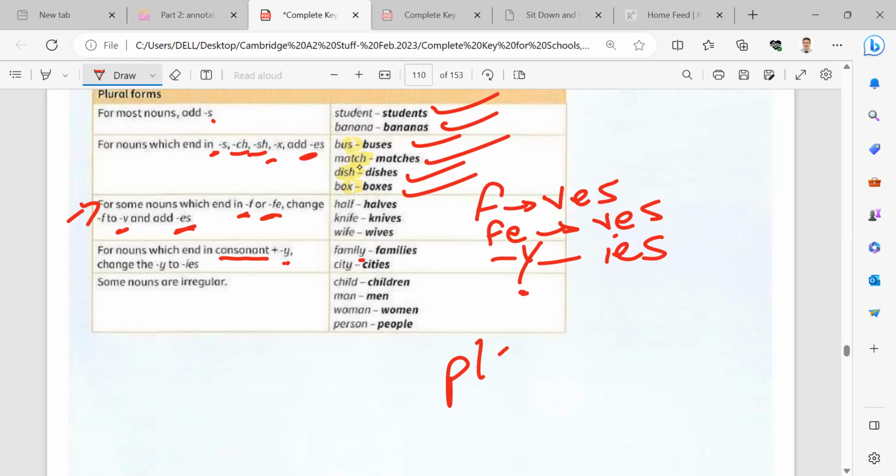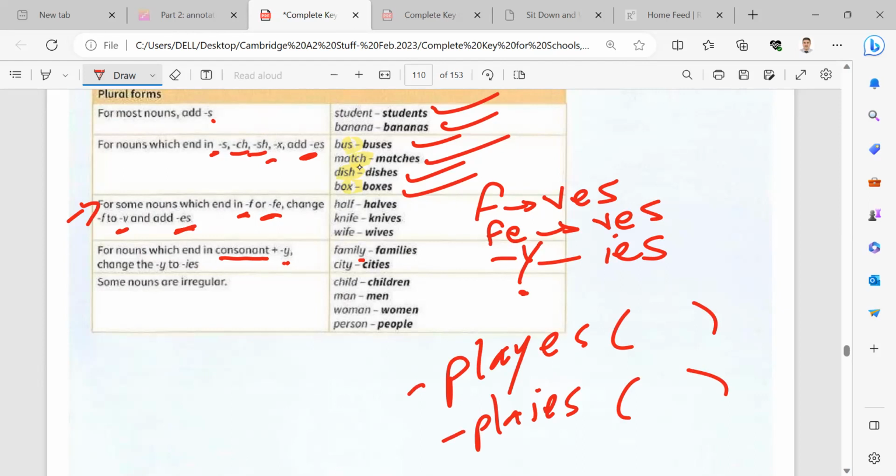Now type play, Nawaf, play. Which one is correct? The first one or the second one? I think the second one.